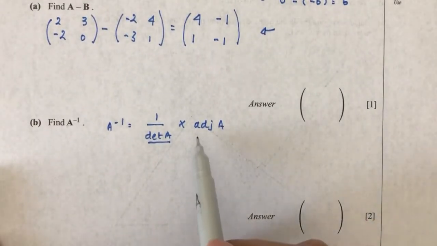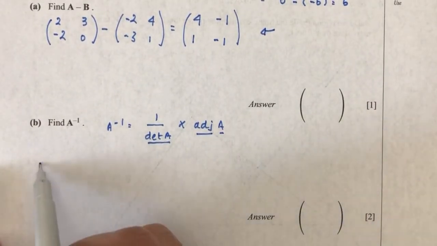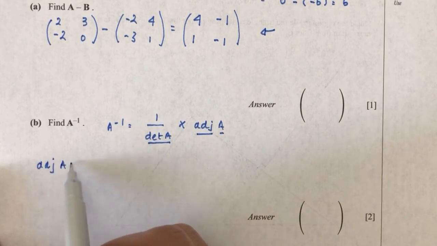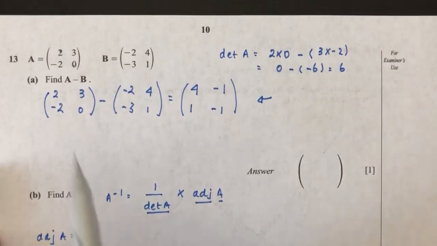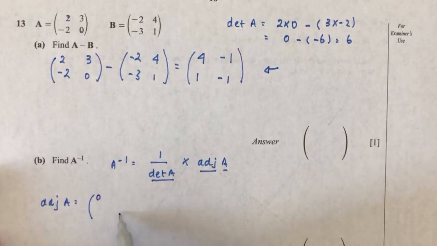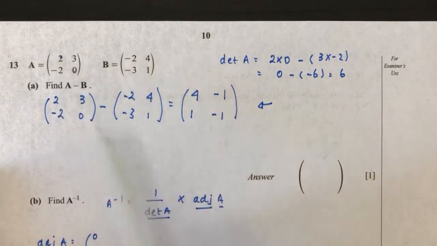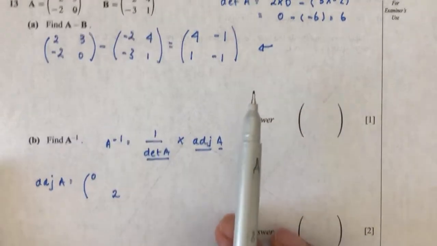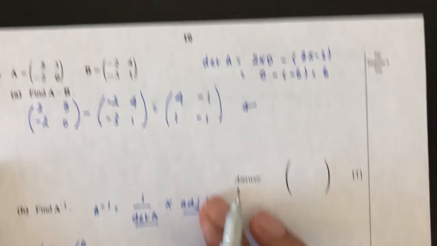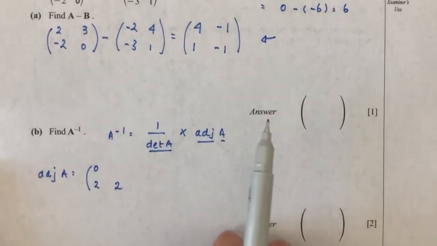Okay, so now we have to find the adjugate of A. So adjugate of A is equal to what? We have to flip those two. So 0 goes up, 2 goes down, and we have to change the sign of those two. So minus 2 becomes plus 2, and 3 becomes minus 3.